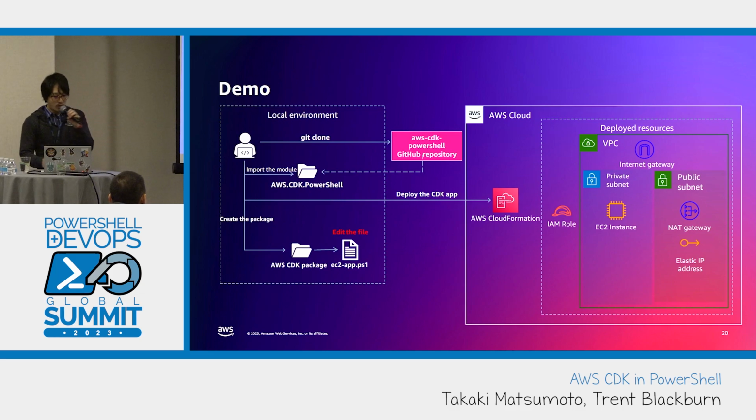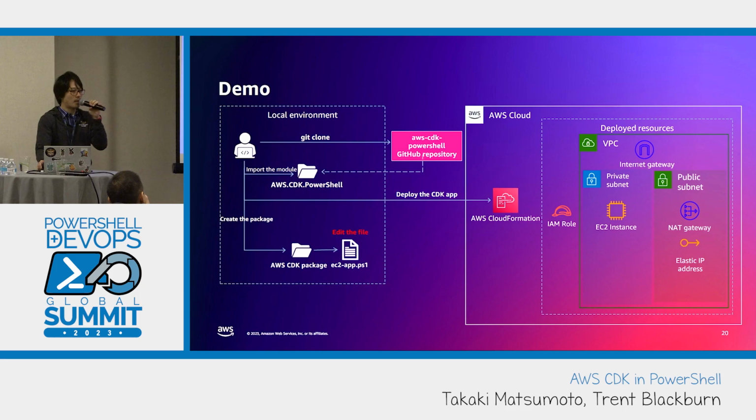All right, cool. So before going to the demo, this is what I'm going to go through in a minute. On the left-hand side is basically my laptop right here. I'm going to pull the open source module from GitHub using the Git command, import it, and then call the new CDK package command to create the package.